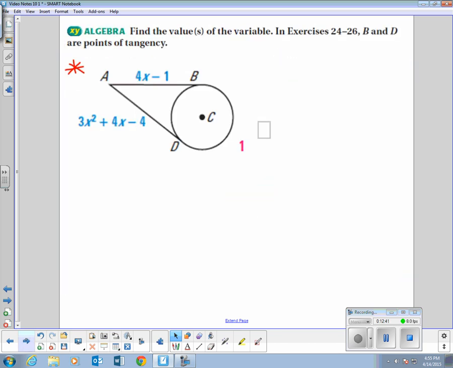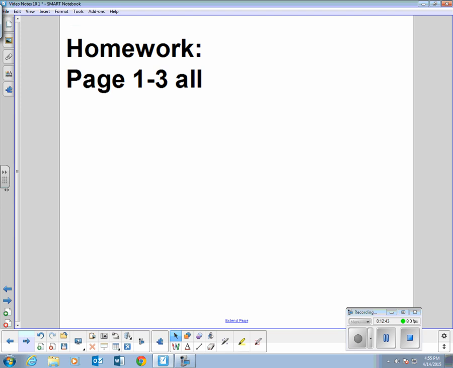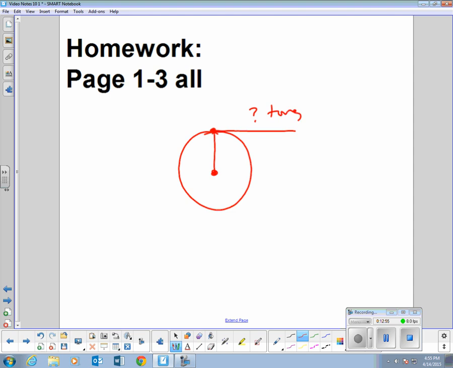I've got the circle, I've got this segment. How do I know that this segment right here is tangent? And you should know the answer to that by theorem 10.1: if it is tangent, the radius and that segment have to make a right angle.